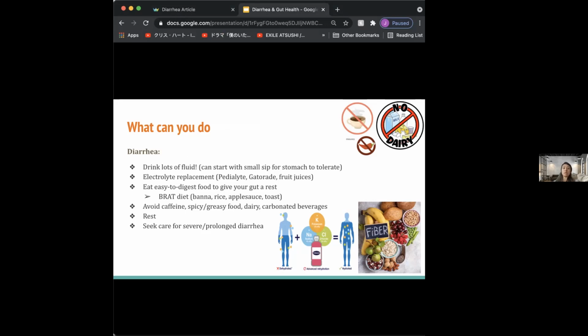So we tell the client, just take it easy for the day, don't walk too much, just relax, that can help. And lastly, seek care for severe prolonged diarrhea. If the client says, hey, I've been having this for a while, just refer them to the primary physician to get checked up. That is the best thing we can do.